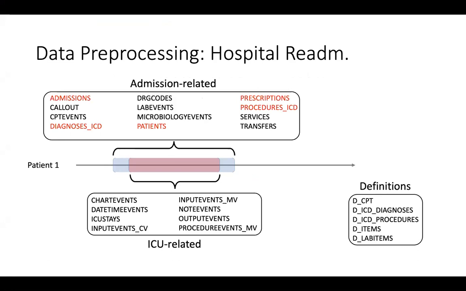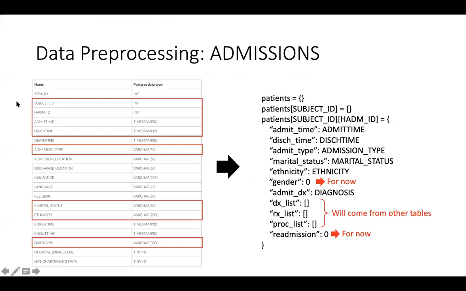The hospital readmission prediction task is obviously a hospital level thing, so we looked at 5 admission related tables, which were admissions, and we extracted this information, and we looked at the Python data structure using a triple nested dictionary, and the last dictionary had 3 lists in it, which were diagnosis list, medication list, and the procedure list.